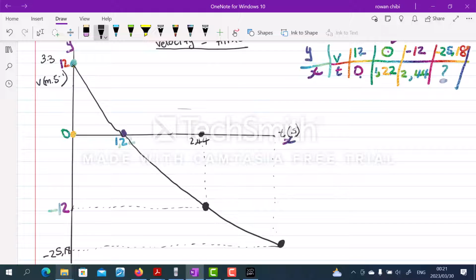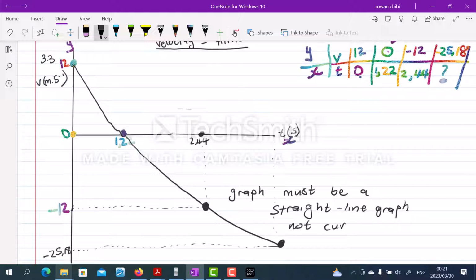Okay, but the graph must be a straight line. It must be a straight line graph, not a curve, so you need to make sure that when you draw it, it must be a straight line graph.